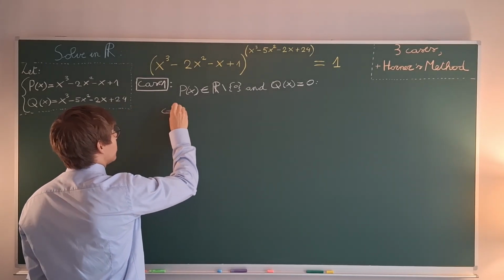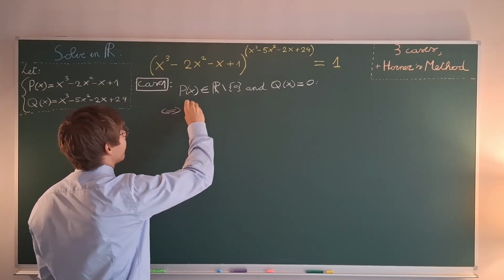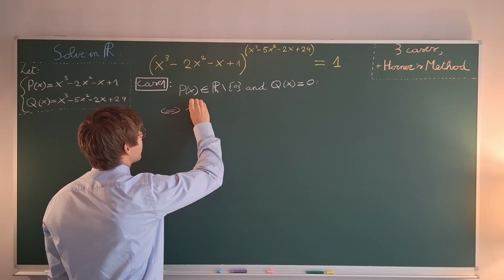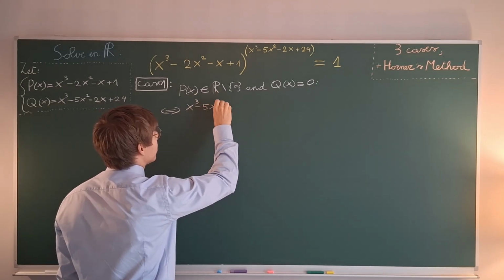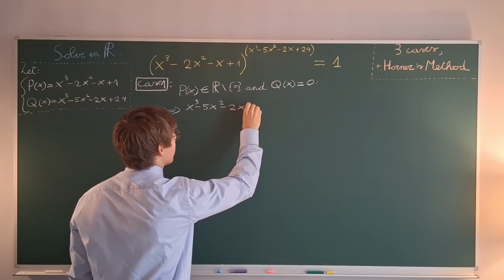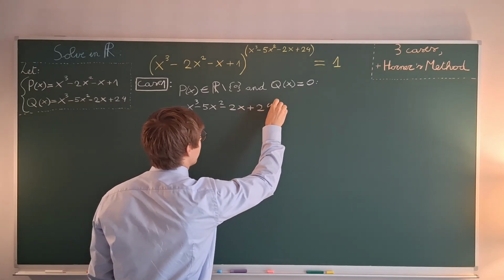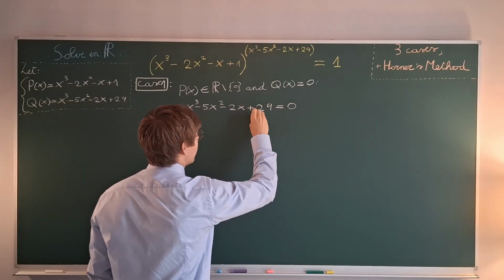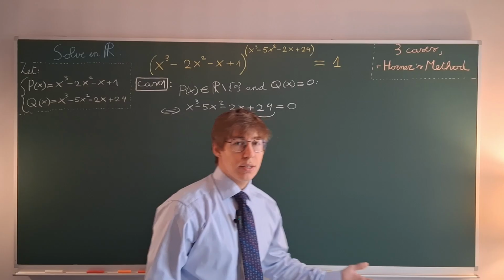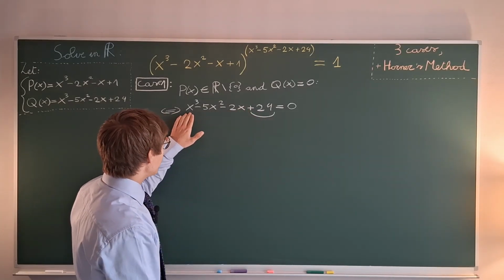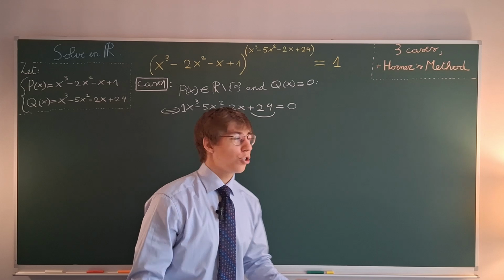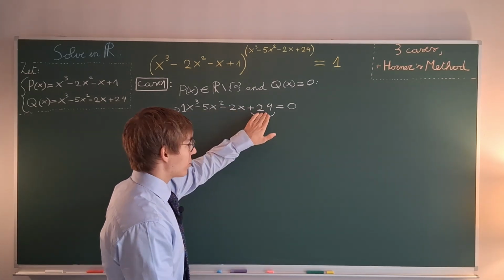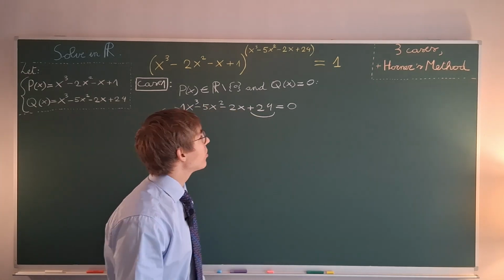So we just have to solve that x cubed minus 5x squared minus 2x plus 24 is equal to 0. And since this is a monic cubic, which means this coefficient is 1, we know that all the roots should divide this last term, which is 24.